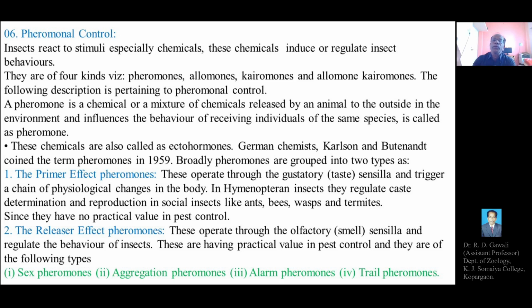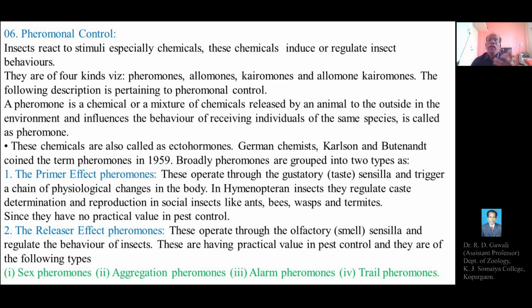produce the alarm pheromones. So with the sensation or with the influence of these alarm pheromones, the members of the same species get stimulated and will work or act or react according to the stimulus provided by the alarm pheromones. So ultimately, this will indicate some problematic situation or adverse condition or harmful condition.